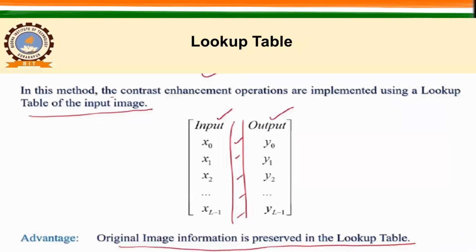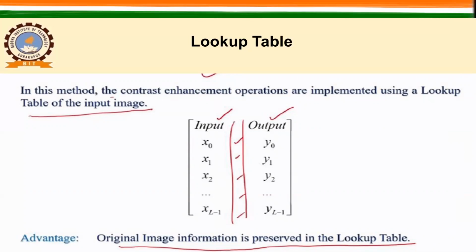All these methods which we have discussed till now are basically applied directly on the image, so we do not have any backup, right? What we do here with a lookup table is generate a matrix, and whatever calculation you are doing, you do it in the lookup table.